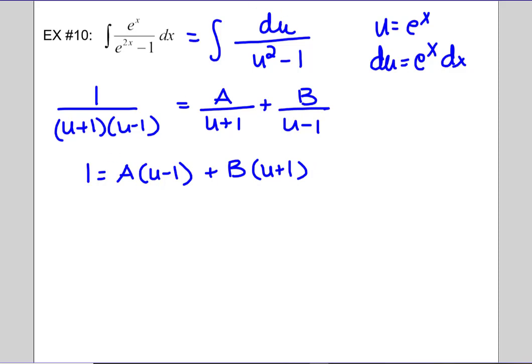So if we do this with the Heaviside method, if u is -1, then a is -1/2, and if u is +1, then this goes away and b is +1/2.